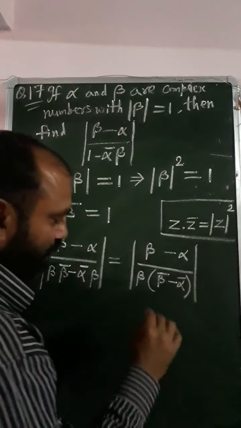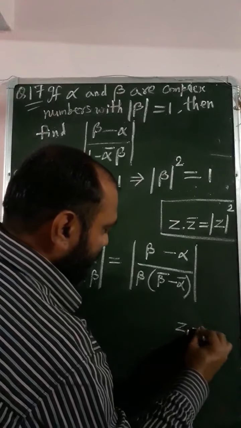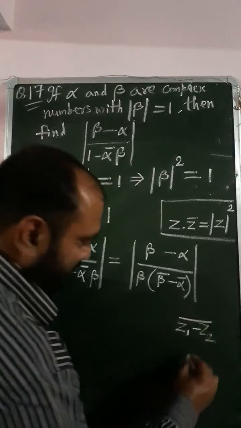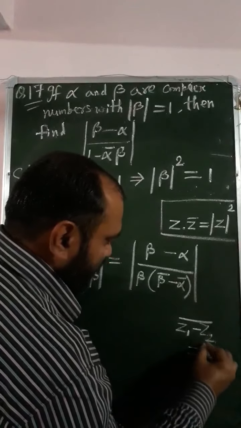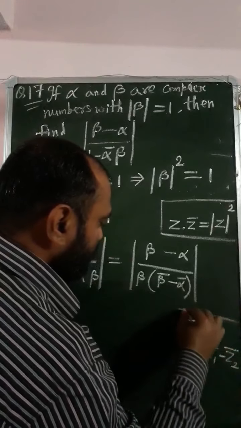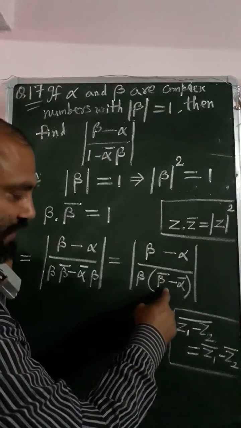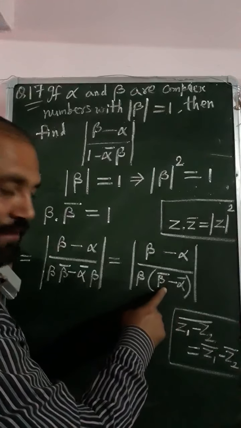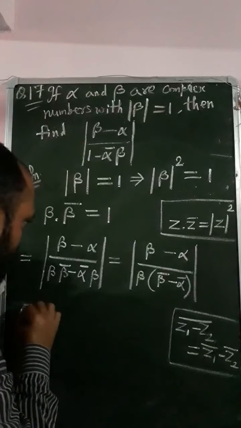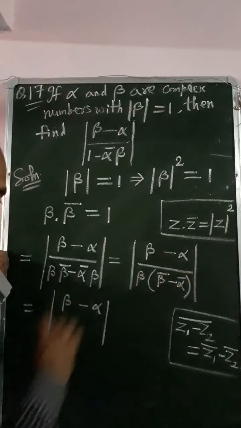Now one more property, z1 minus z2 whole conjugate is equal to z1 conjugate minus z2 conjugate. Try to understand. I am using the property here. I am writing this beta minus alpha as it is.